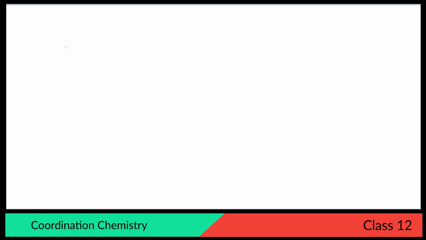Now we come to the second subcategory of bonding, that is covalent bonding, right? So we'll talk about covalent bonding now. Ionic bonding showed the transfer of electrons, or if I may say so, the gain or loss of electrons in a particular compound, right?